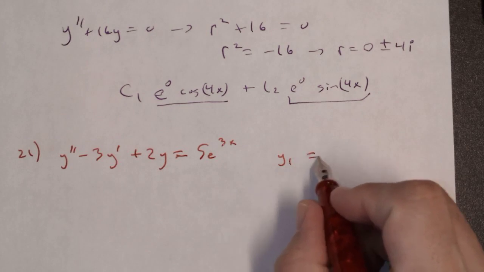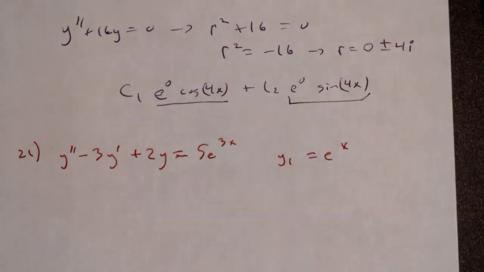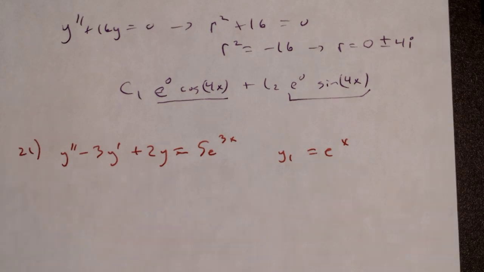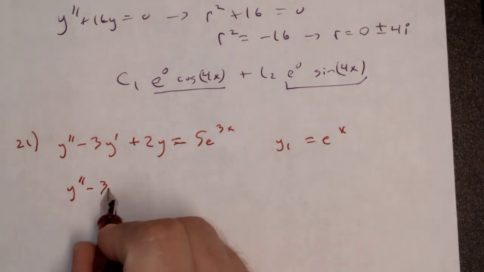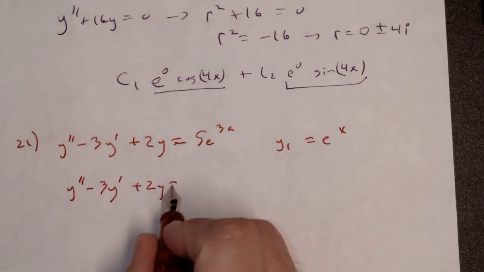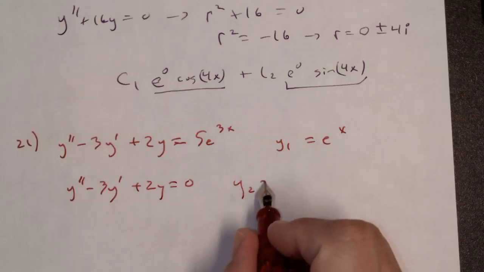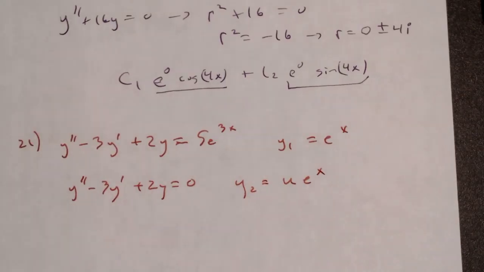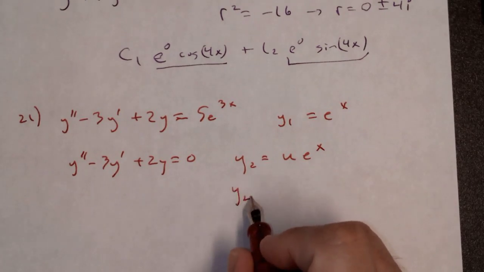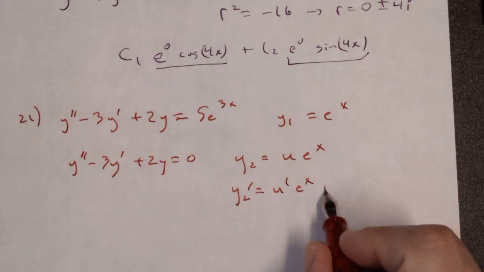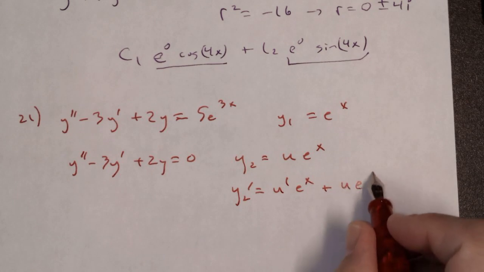And they tell me y1 is e to the x. So the first thing I have to do is deal with the homogeneous version. Do you want to use the formula or do you want to use the method to get there? Okay, so I'm going to say y double prime minus 3y prime plus 2y equals 0. And y2 is going to be u e to the x. So that means y2 prime is u prime e to the x plus u e to the x.